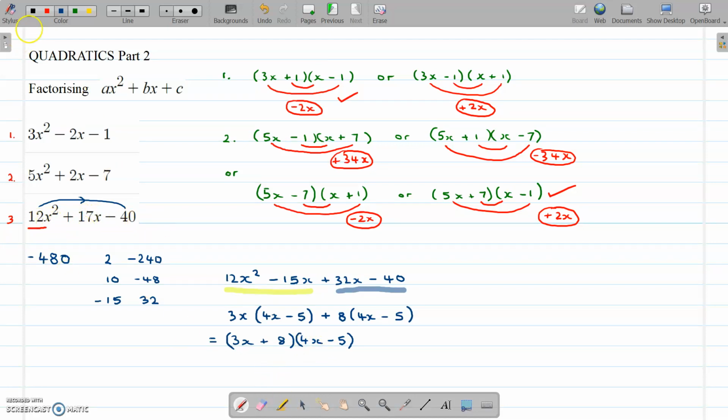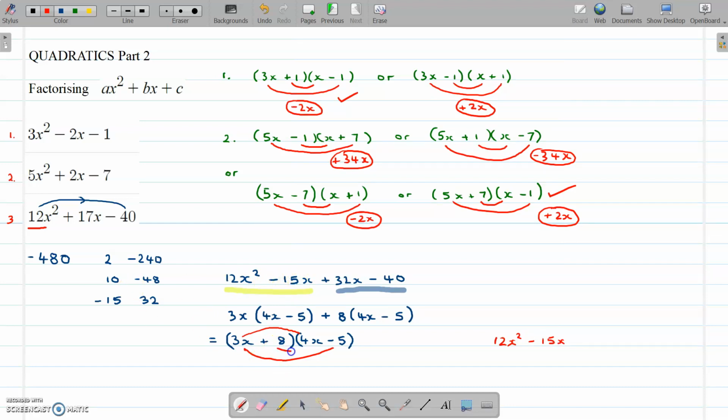Now if you were to test that by doing FOIL, you would indeed get this expression. We'll just do that quickly. 3x times 4x does indeed give me 12x squared. Our outer term is minus 15x. You can see how it came about because we're going back to this.